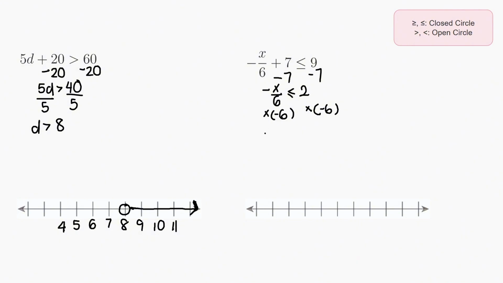And we'll get x. And then because we multiplied by a negative, we have to switch the sign. And then 2 times negative 6 is going to be negative 12. Our answer is x is greater than or equal to negative 12. Now, let's populate this number line so we can graph.